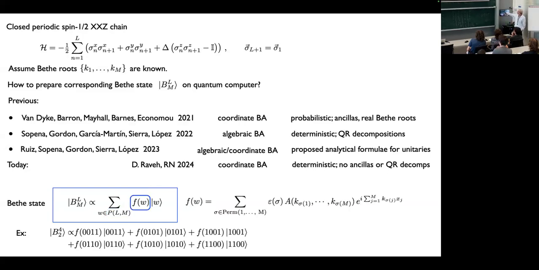These coefficients are given by the formula I showed you a few slides ago, coming from the coordinate Bethe ansatz, which depends on these Bethe roots. And these x's here are the positions of the ones in these w's. So the point is that these coefficients, and there are L choose M of them, are known.